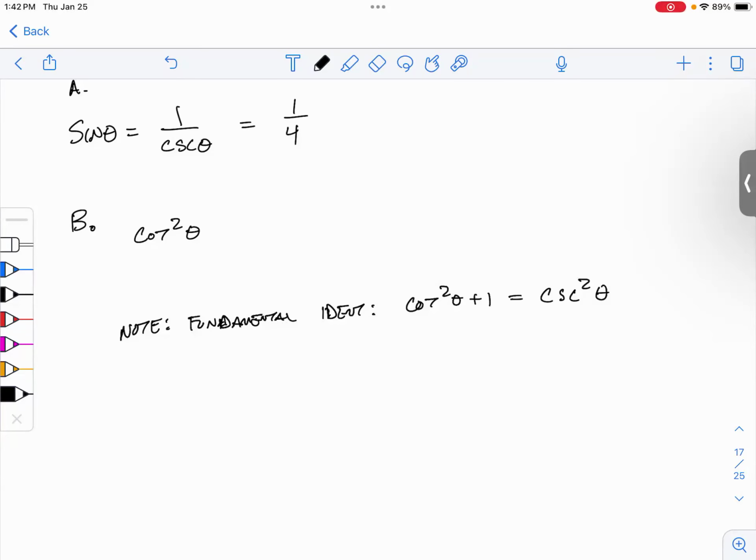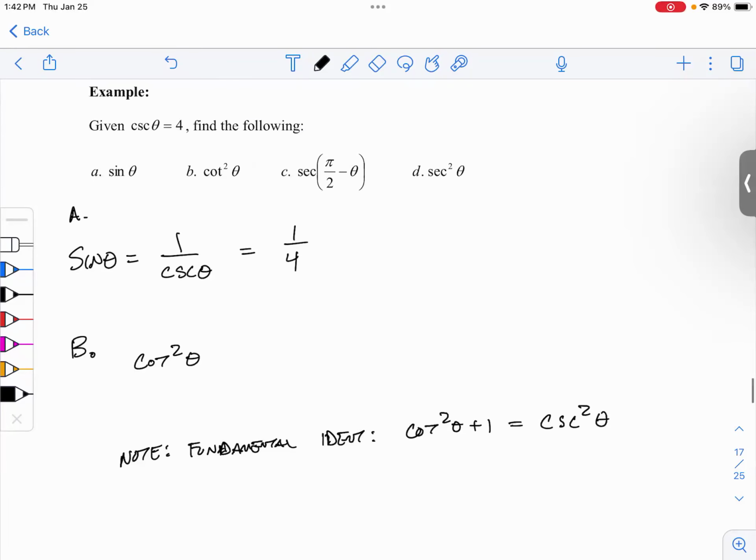So if I have cotangent squared and I have cosecant, that means that I can mess around with this. If I bring the 1 to the other side, cotangent squared theta actually is cosecant squared theta minus 1.